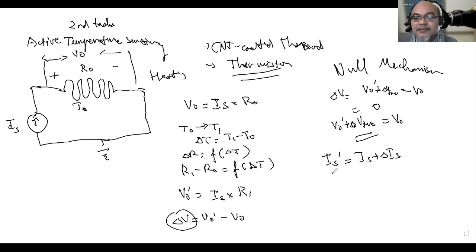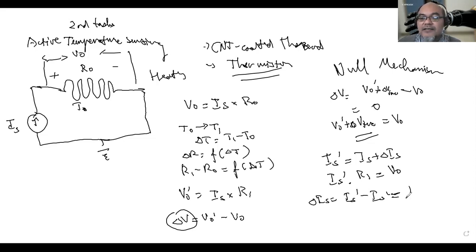So that this IS dash multiplied by R1 equals, now back to, the initial output V output. So from here, delta IS equals IS dash minus the initial current.